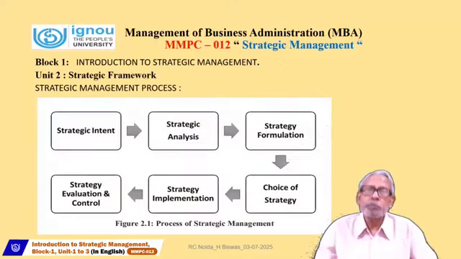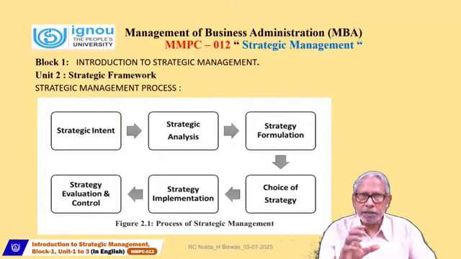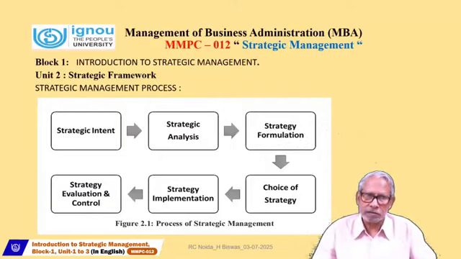Here are some of the processes of strategic management. Strategic intent: what is your intent, why you are going for these things, that should be clear. Then strategy: you have to analyze things externally and internally, whether it is viable or not.